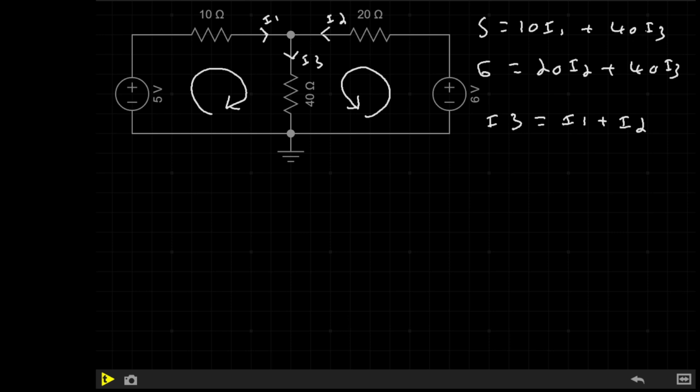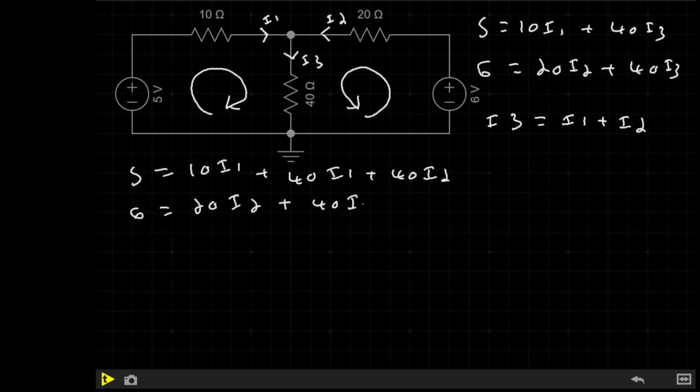So if we simplify both of these and remove I3 by replacing it with I1 plus I2, we can instead get 5 equals 10 I1 plus 40 I1 plus 40 I2, and 6 equals 20 I2 plus 40 I1 plus 40 I2.